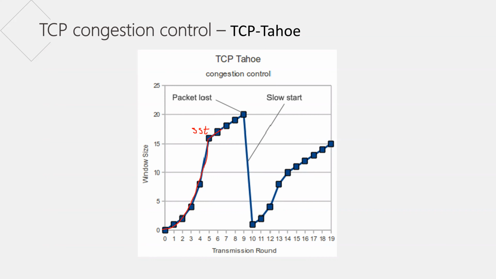And then we start to use AIMD. And once we find a packet loss or a timeout event, we just come back to 1 here and start again. Does this make sense? So Tahoe is the simplest method we use, and Reno is a little bit more complicated.